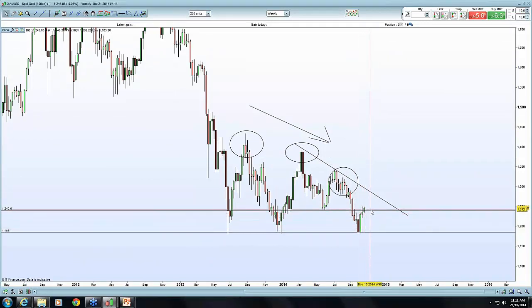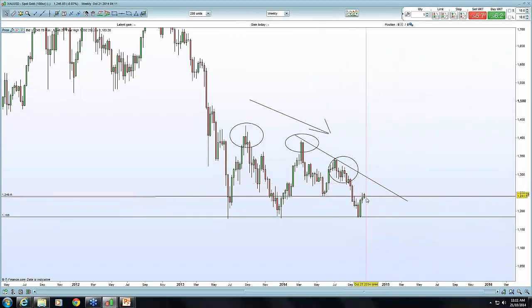This level, which I drew last week around the 1240 to 1250 area, is a key resistance level. Whether it has broken or not will depend on this week's candle, for me to be convinced. But this is quite a strong level, because if it's respected, most probably it's coming back down.